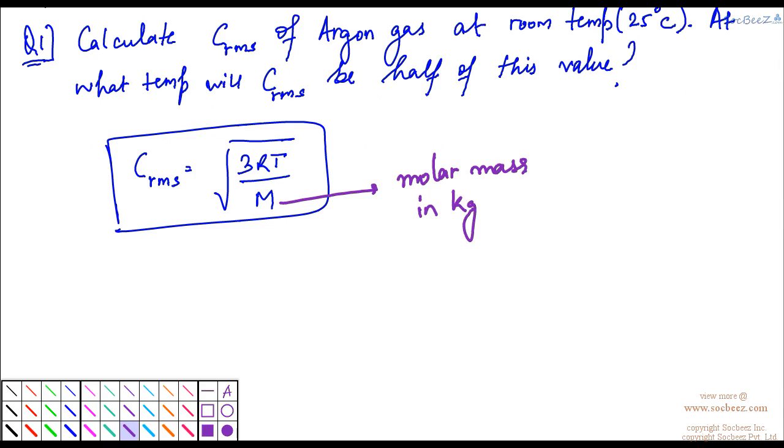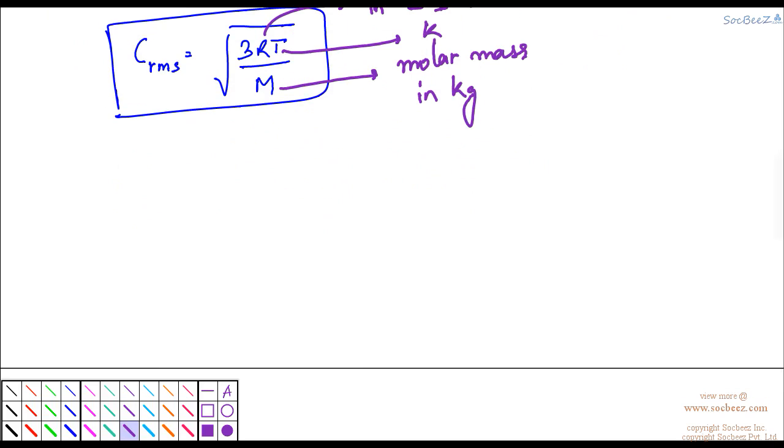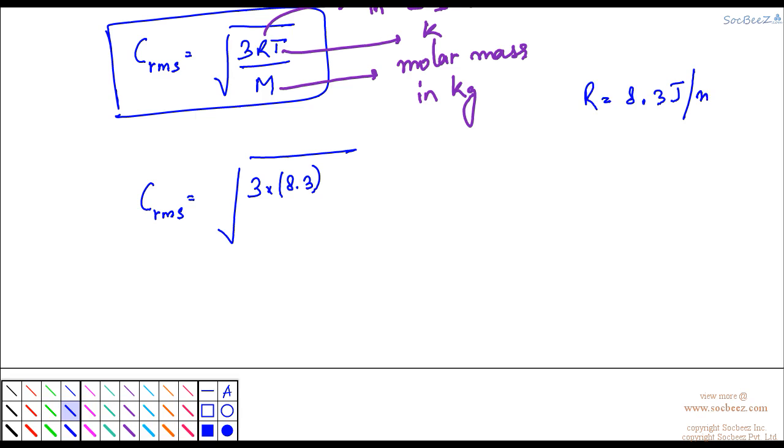Okay, and similarly R is also in SI units, and temperature is in Kelvin. So the most important thing is the units of the values we are dealing with. So CRMS equals 3 into the value of R in SI units, that is 8.3. R equals 8.3 joules per mole per Kelvin.